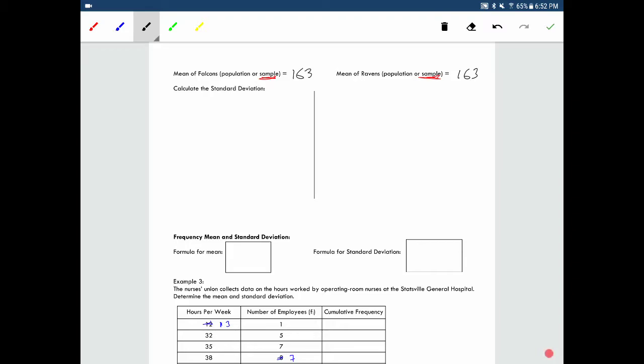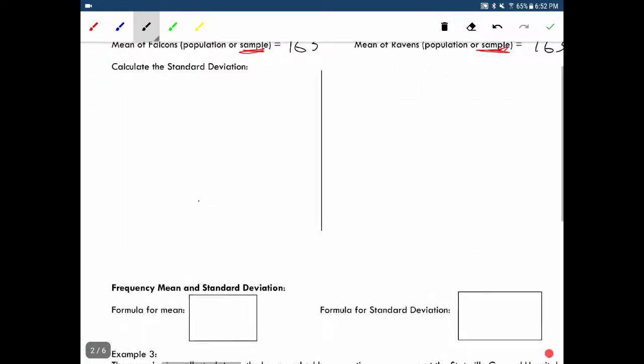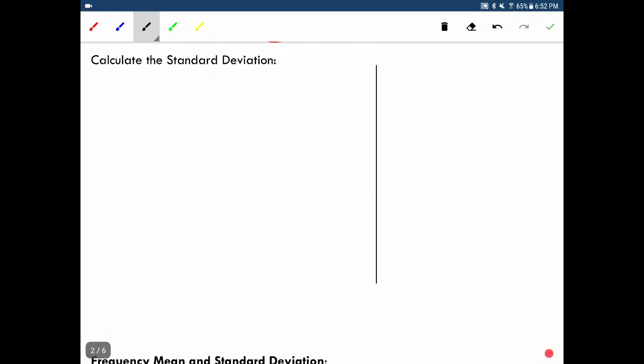The question becomes, how do the 2 teams differ? Do they look exactly the same, because on average they have the same height? Obviously, I wouldn't have done this question if that was the case. So we're going to do the standard deviation.